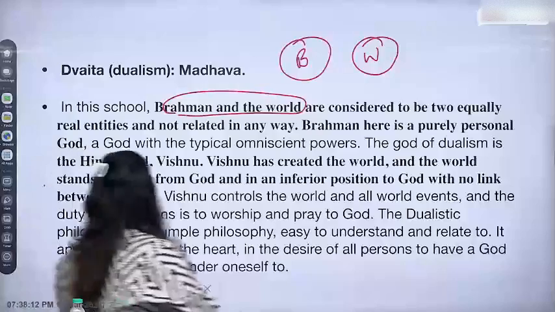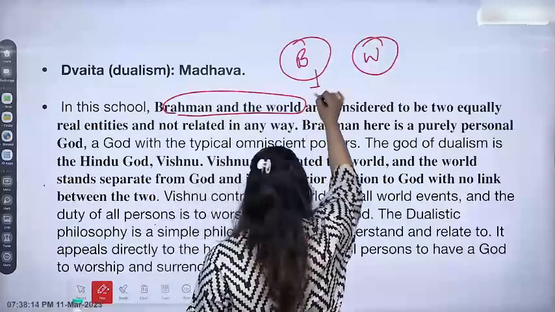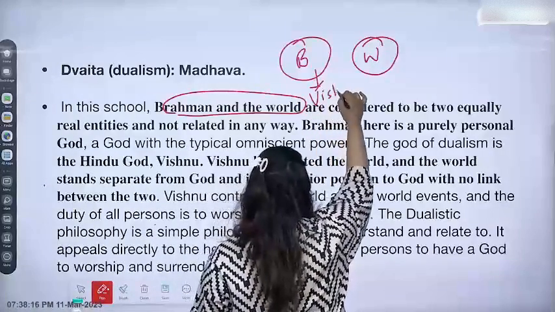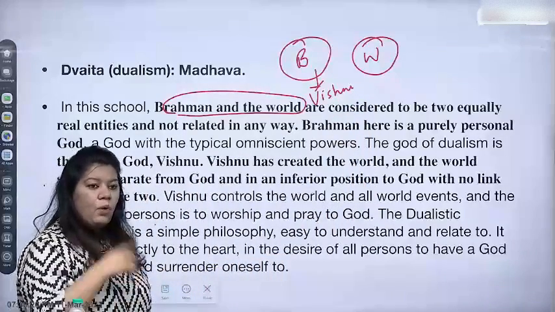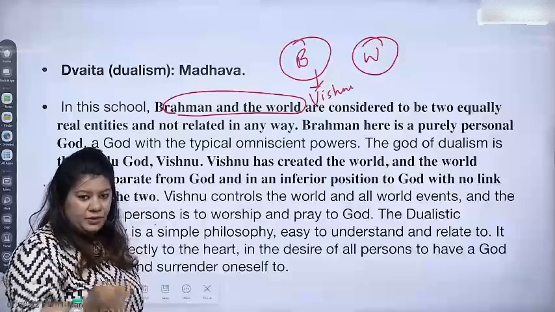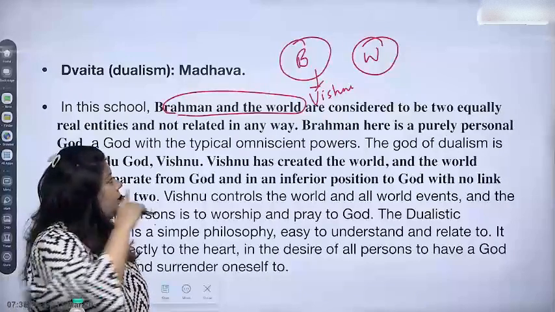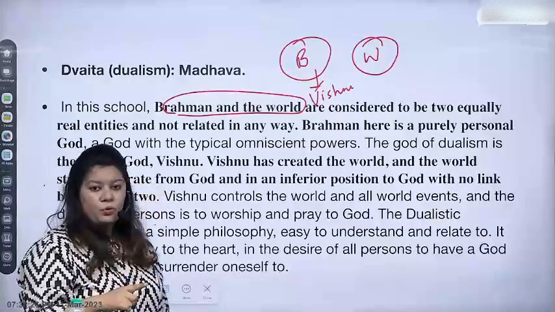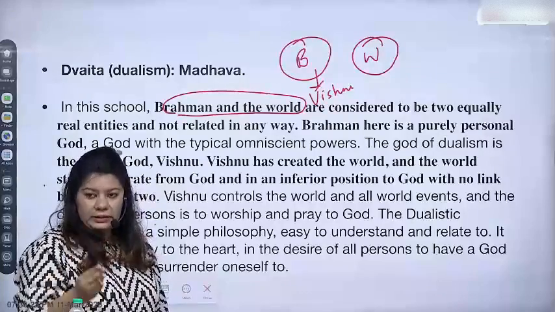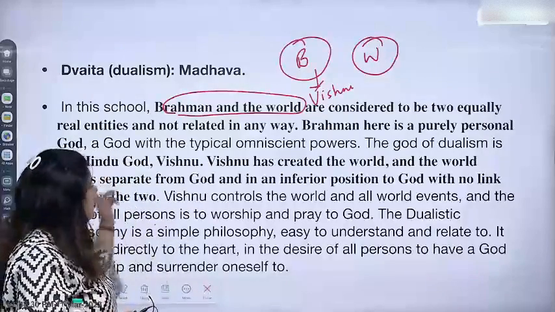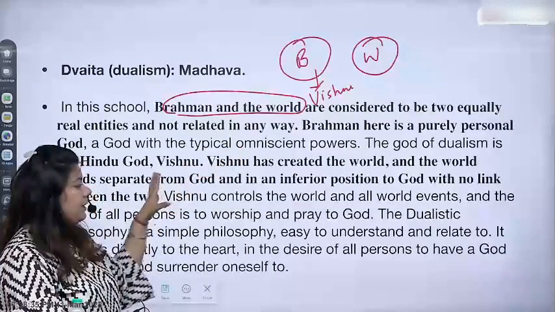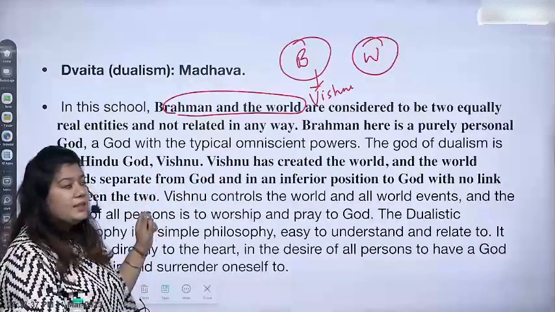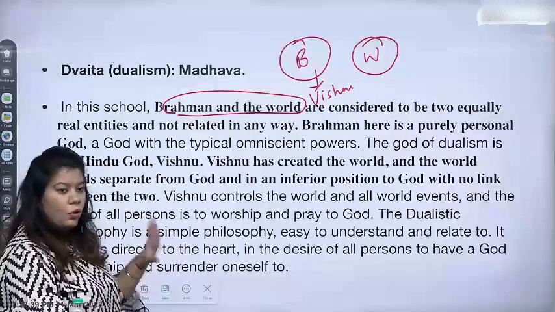Brahma here is the personal God, which is ascribed to Lord Vishnu, right? But what does it say next? It says it is Brahma or Vishnu who has created the world, and the world stands separate from him, not related to him in any way, but rather in an inferior position, no link.